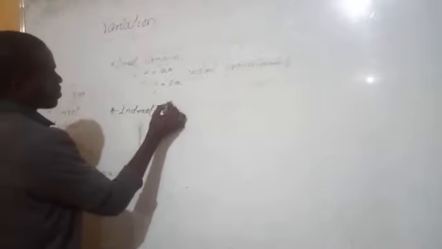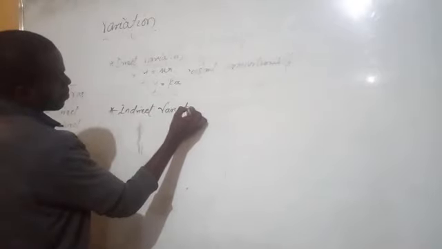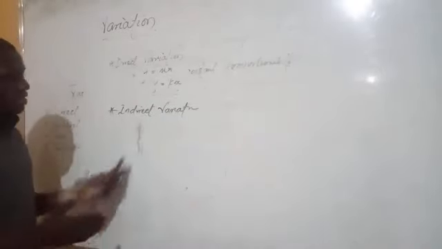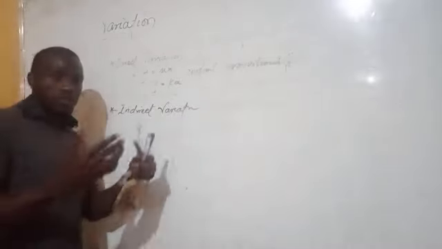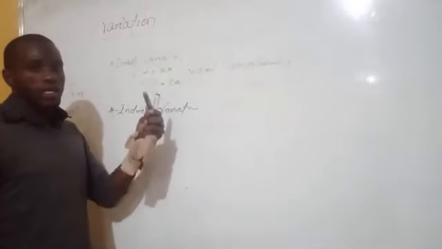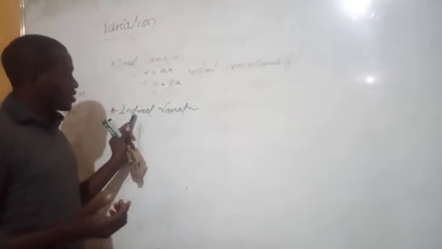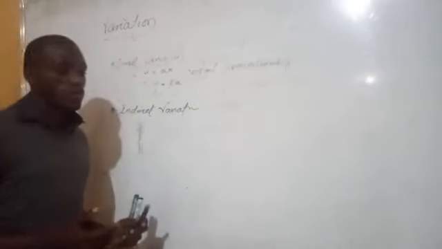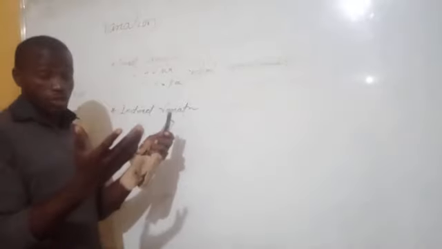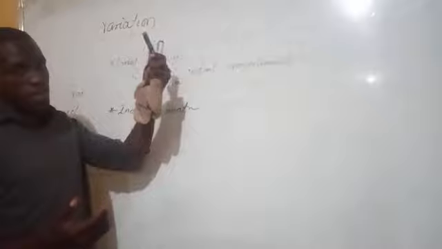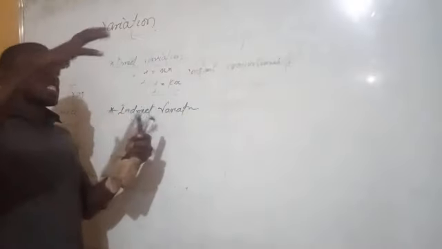Indirect variation is the direct opposite of this. I said that in direct variation, when one quantity increases, the other also increases. But the opposite, indirect variation, is when two quantities are dependent on each other such that as one quantity increases, the other decreases.